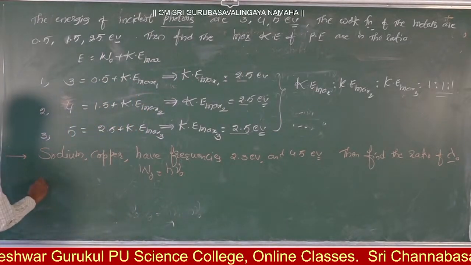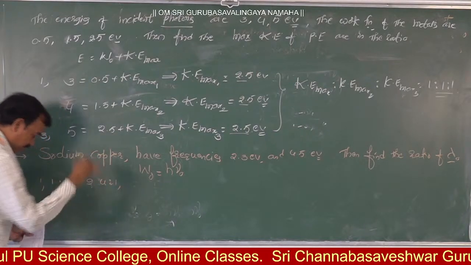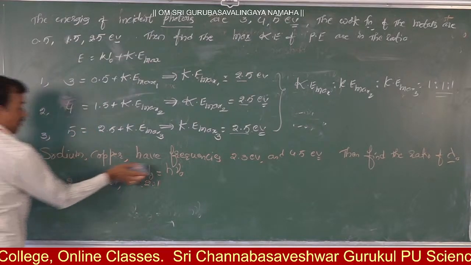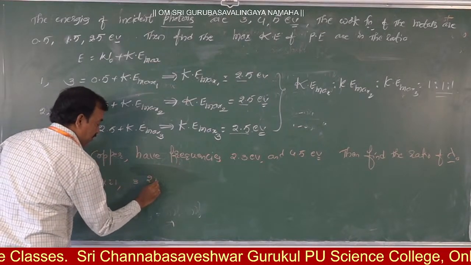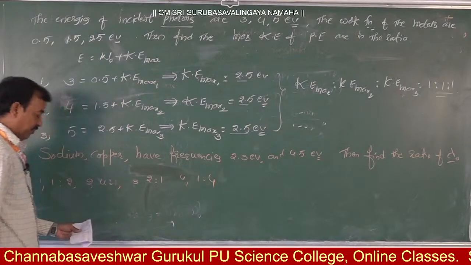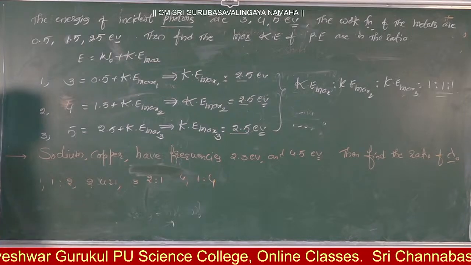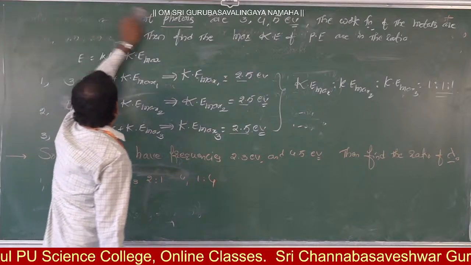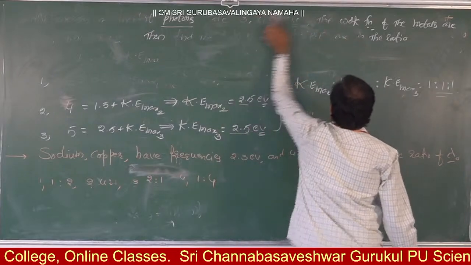The options: first, 1 is to 2; second, 4 is to 1; third, 2 is to 1; fourth, 1 is to 4. Do this simple question, only a one-step answer. We have to find the nearly value, not exactly.